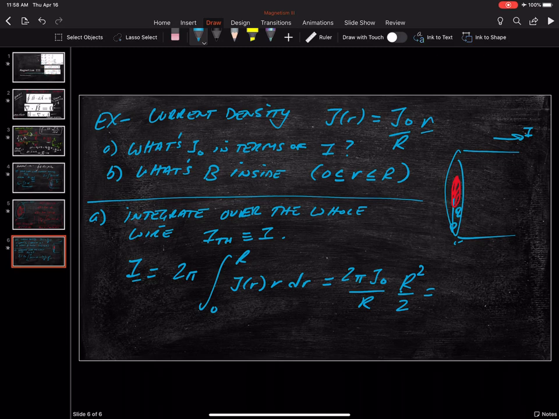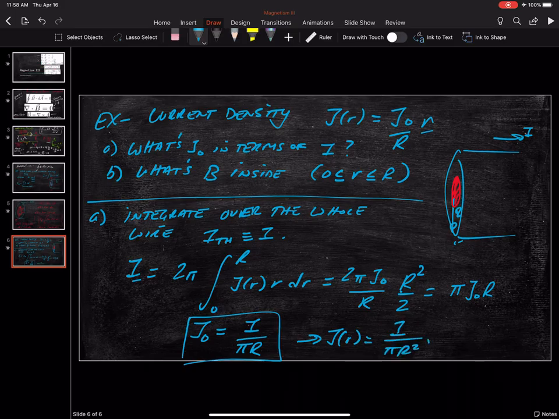So we get pi J0 R, and that tells me that J0 is equal to I over pi R. Notice, this tells you that J of R is equal to I over pi R squared times R, which is kind of what you might have expected.